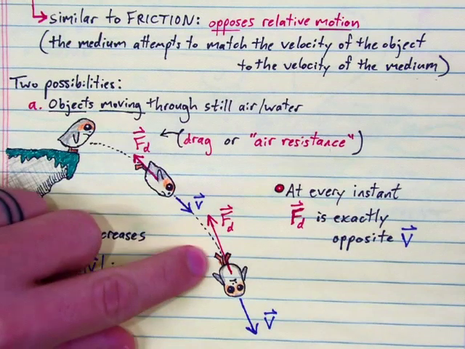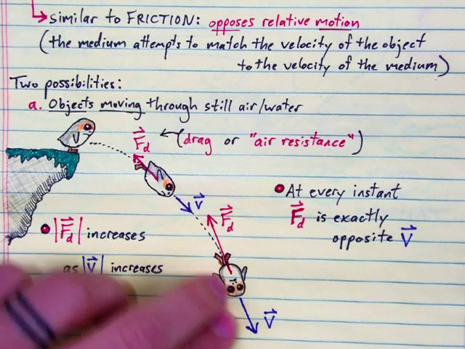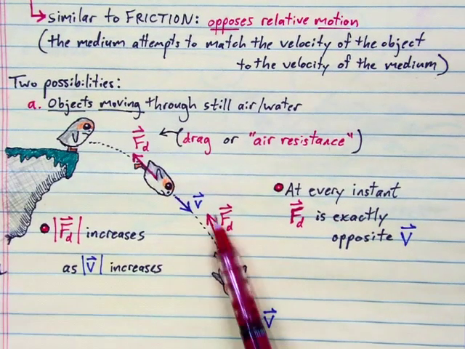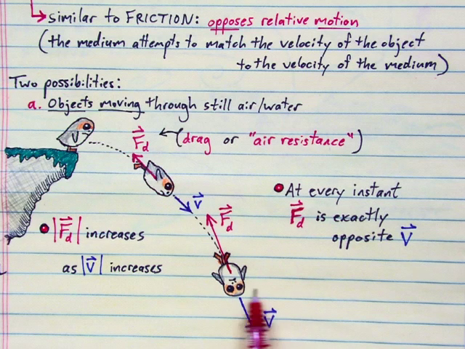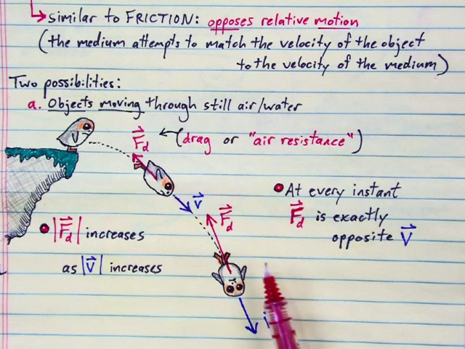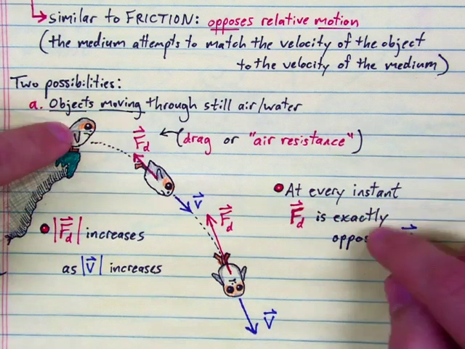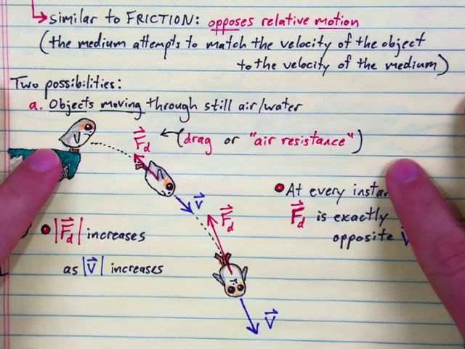And as this fellow speeds up and his velocity tilts, the drag force tilts with it to stay exactly opposite the velocity. As the speed becomes greater, the magnitude of the drag force becomes greater as well. So that's a solid object moving through a still medium. The other possibility is that the medium is moving.